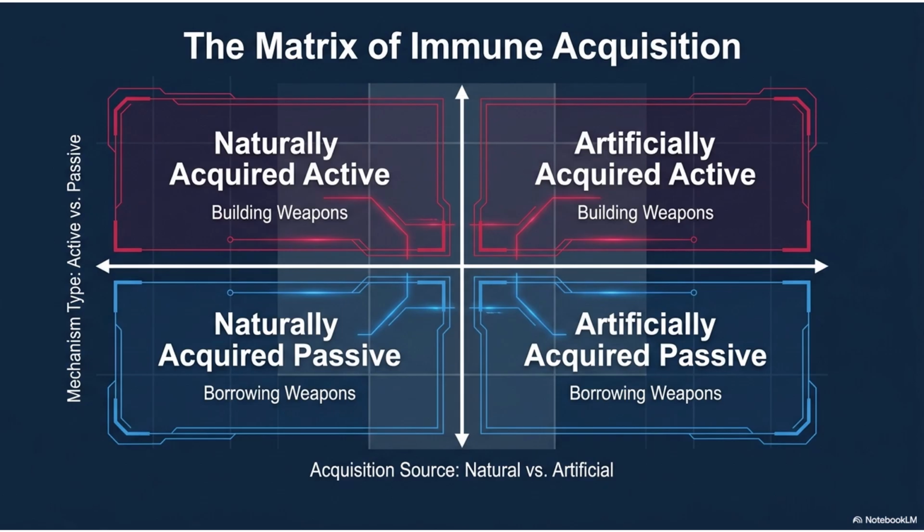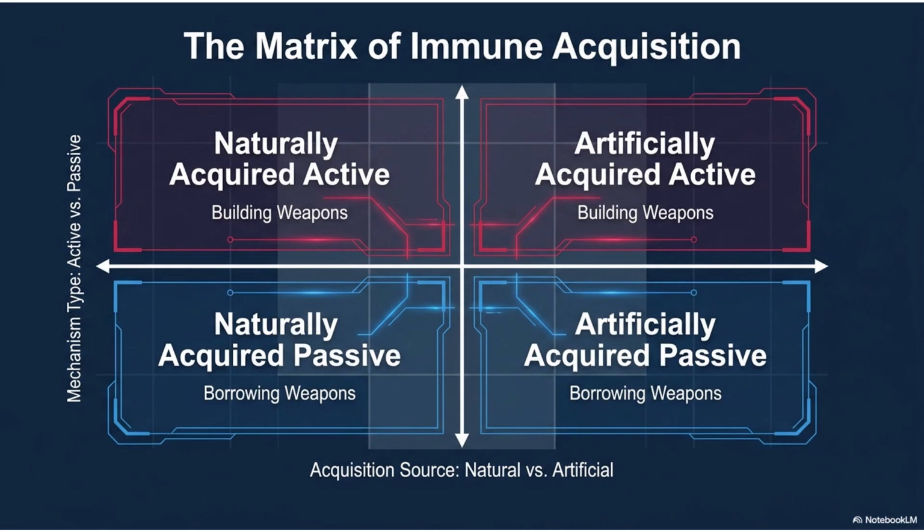Naturally acquired active immunity means you catch disease and recover. Artificially acquired active immunity means that you've been vaccinated. Naturally acquired passive immunity means antibodies crossed over from mother to baby. And artificially acquired passive immunity means a clinician injects ready-made antibodies into your body.